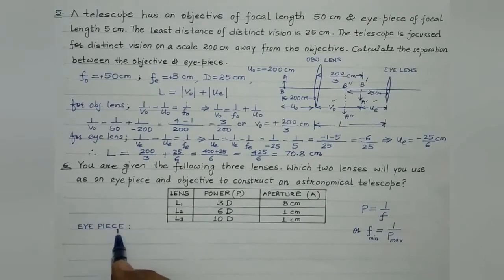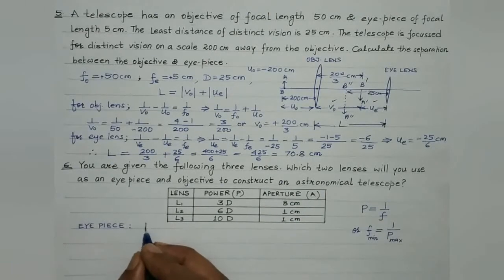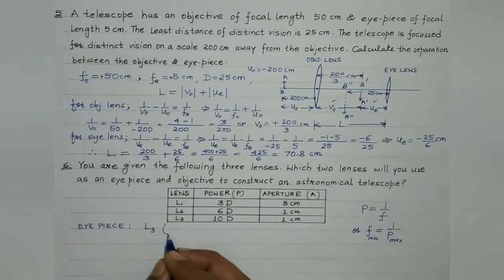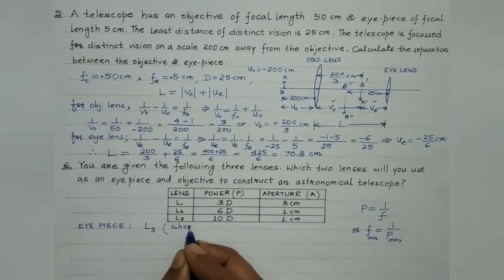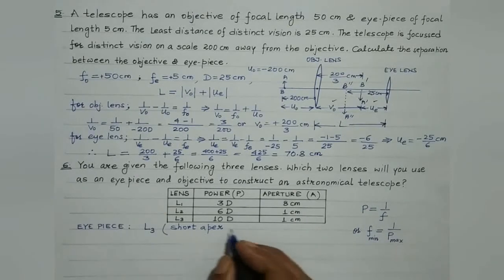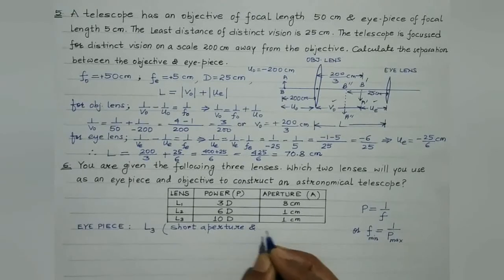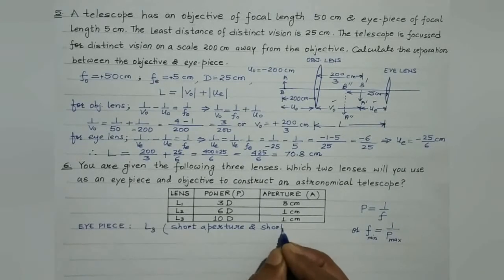So for the eyepiece we make use of a short focal length converging lens, right? And of short aperture. So obviously lens L3 is preferred. So it should have short aperture and short focal length.